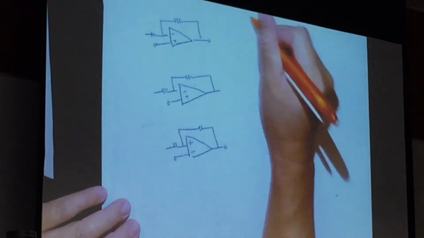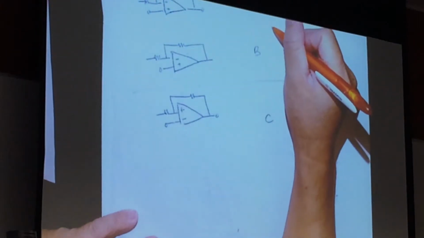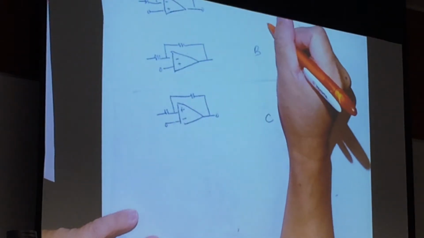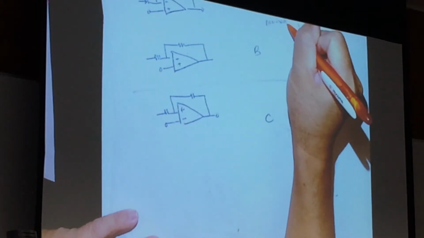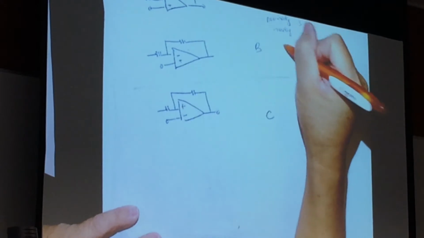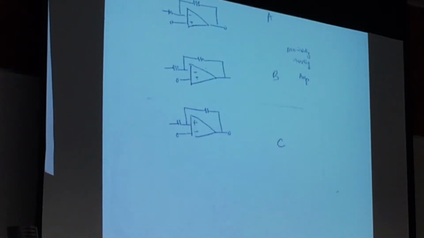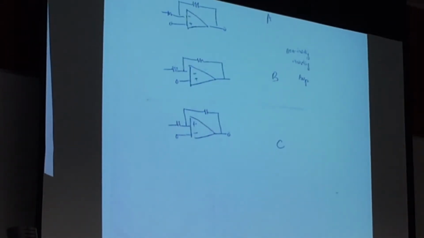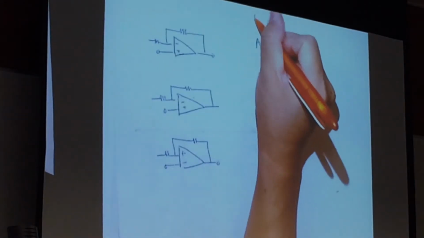Okay, A, B, C. Which one is non-inverting? Which one is inverting? Amplifier. And which one is positive, negative feedback?